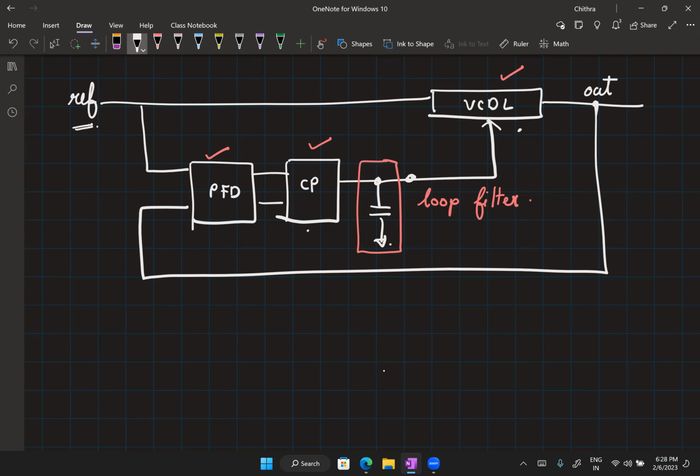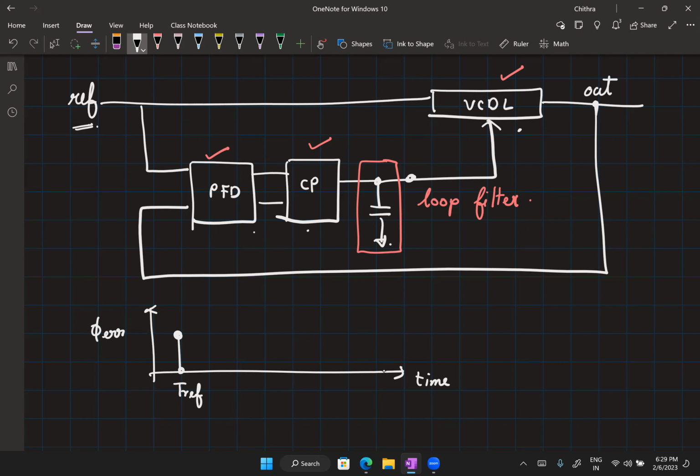Now, the best example I can give for the discrete time behavior is the PFD itself. This PFD identifies a phase error corresponding to the rising edges. It is not detecting the phase error continuously. So effectively, I could say that with respect to time, for every period, I have some phase error.